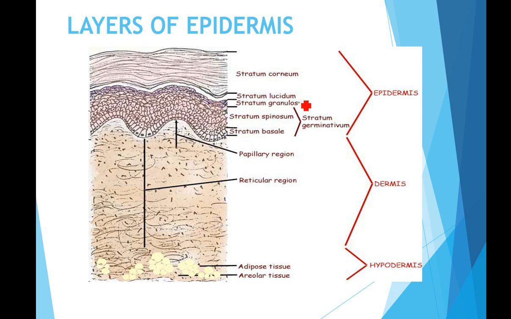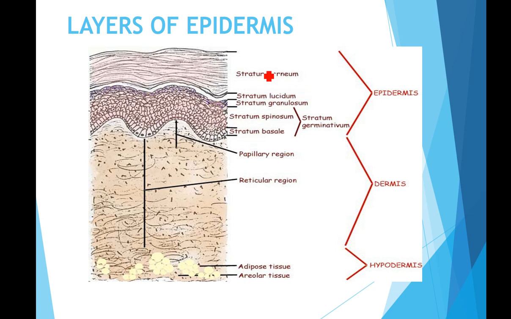Because the layer known as lucidum is very special, because this lucidum layer is present only in thick skin, whereas in the areas of the body covered with thin skin, this layer is completely absent. Yes, I'm talking about the stratum lucidum, right? So what's the difference between thin and thick skin? Thick skin is more pressure resistant, and it is found in areas where wear and tear happens more, and thin skin is generally covering the rest of the body surface.